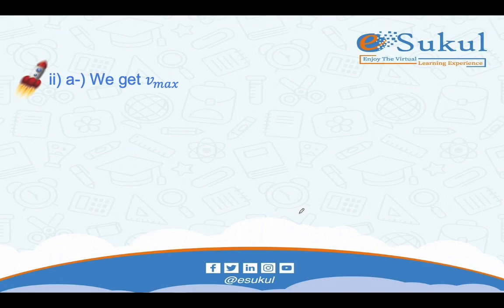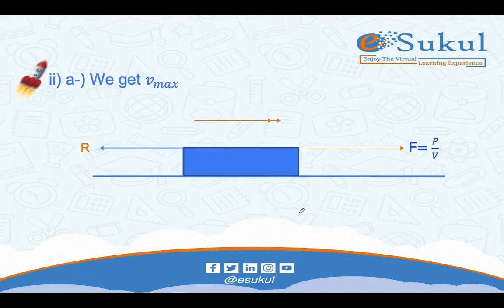On the figure, we have the mass pulled on the horizontal road, and the acceleration is directed towards the force F, which is P over V. Then there is a resistance opposing the motion R. There's always the weight, which is mg.